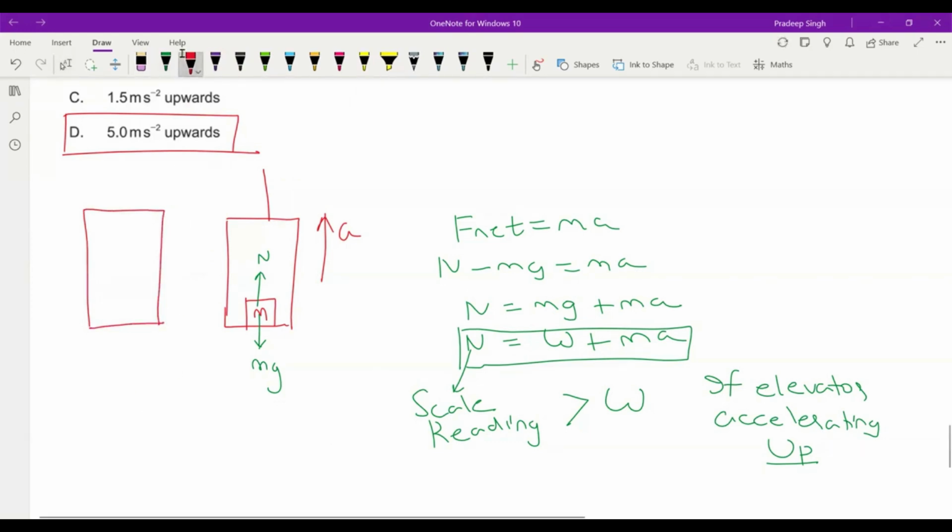Tension and the net force of N and mg, right? We have tension acting upwards, and do not forget the weight of the elevator. Elevator has a weight of its own. So let's say it's capital Mg. Do we have any other force apart from these?